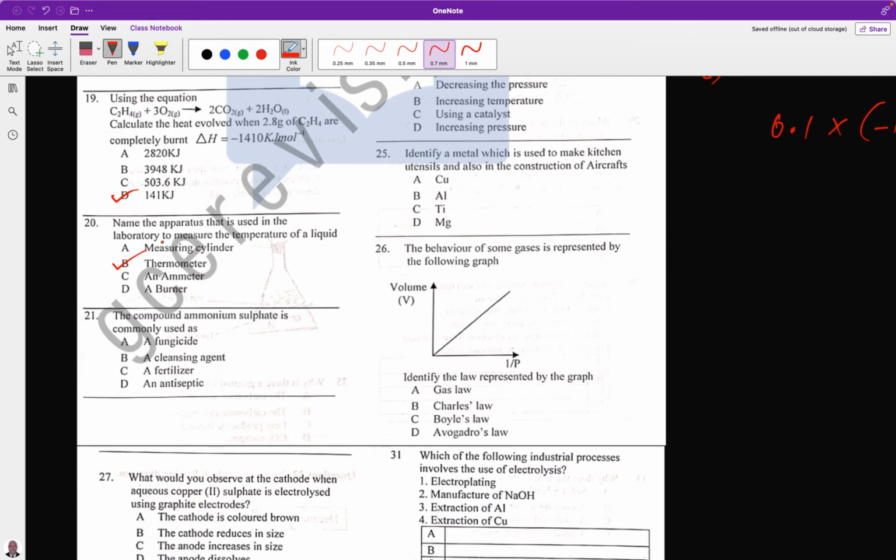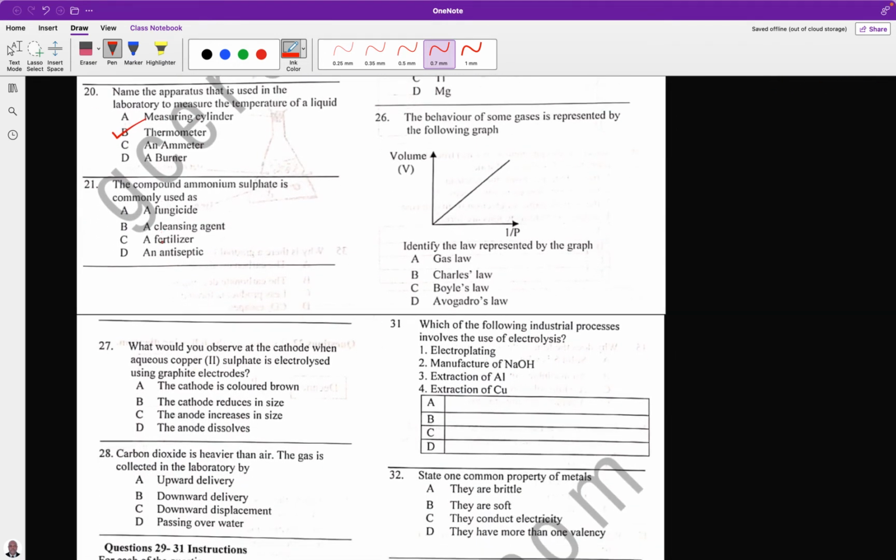Question number 21. The compound ammonium sulfate is commonly used as a fungicide, a cleansing agent, a fertilizer. You know this. Ammonium sulfate is NH4SO4.